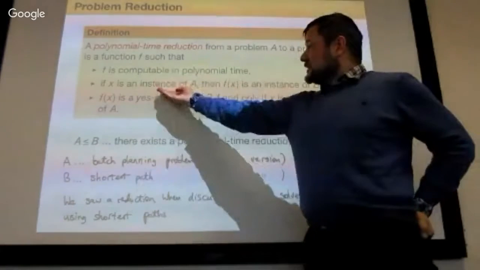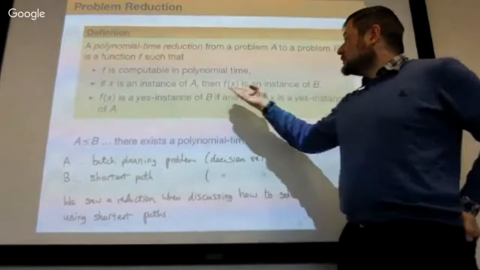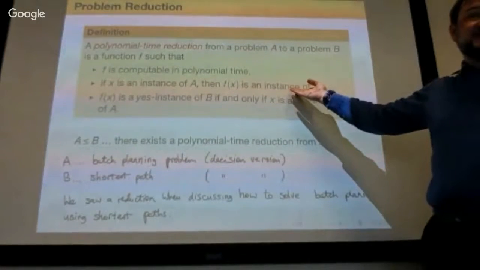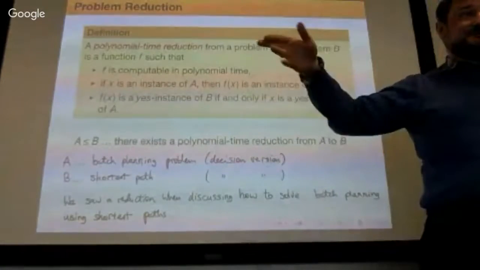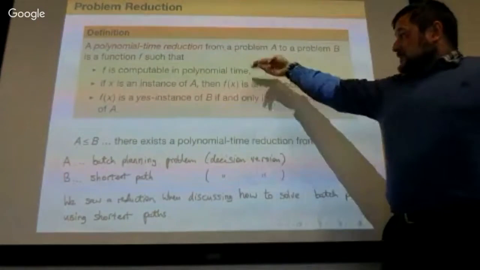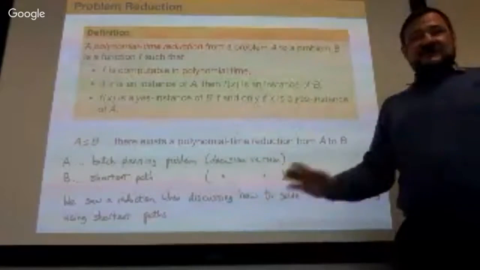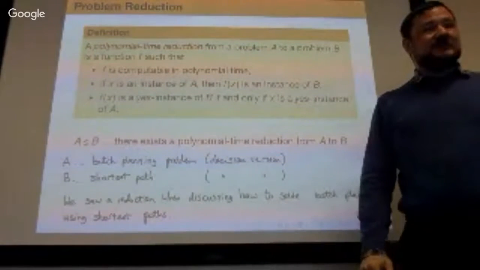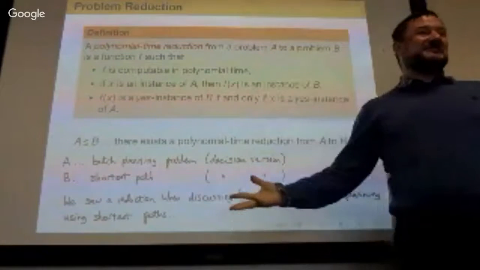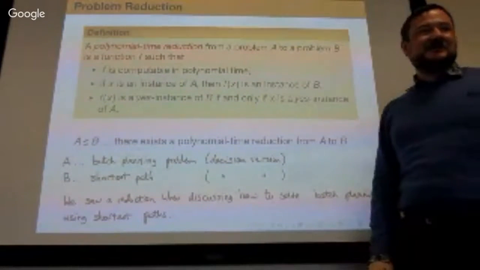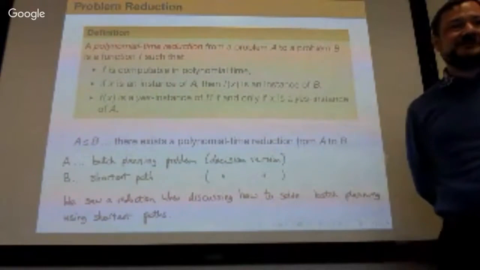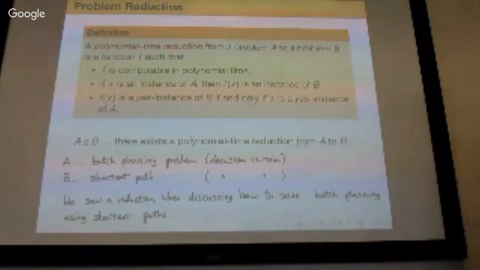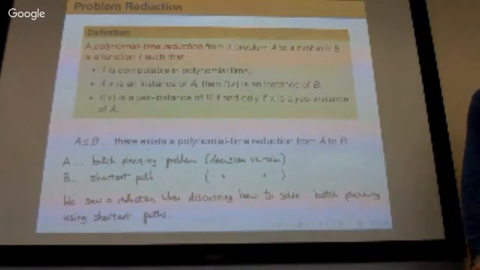For any instance of the knapsack problem, it will give you an instance of the shortest path problem, yes to yes, but you couldn't do it in polynomial time, because you can't create something exponential in size in polynomial time. Just to write it down, you need exponential time.